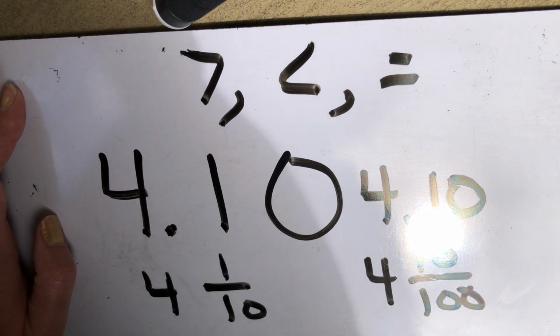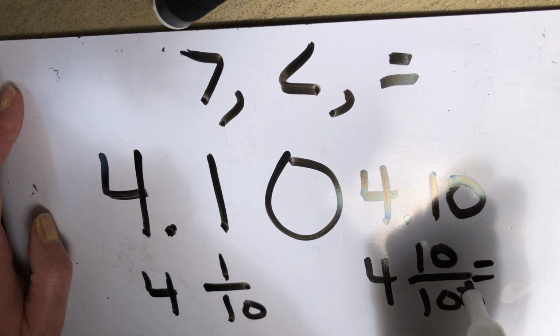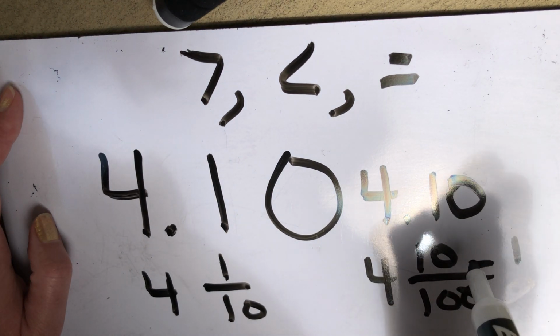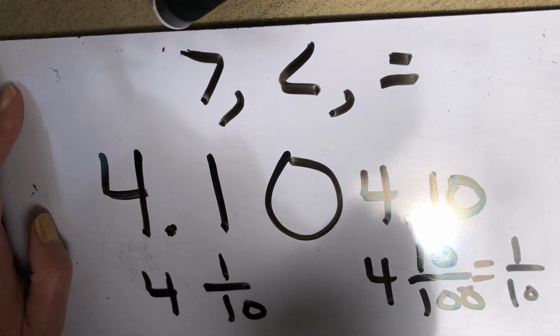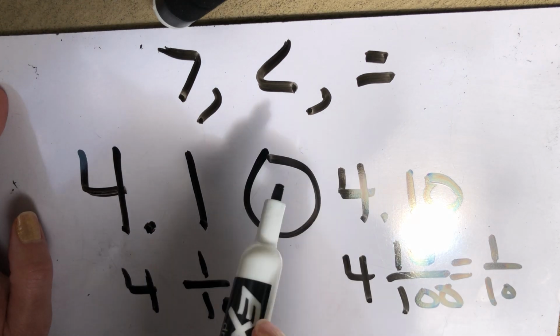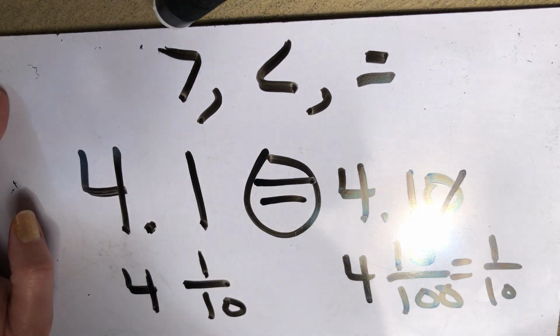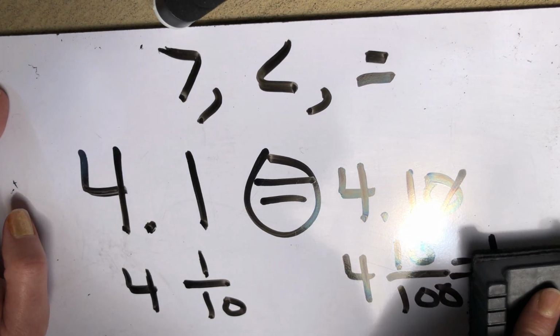If you reduce this, which it can be reduced, you have 10 in 100, so that'd be 1 and 10 over 100, and 10/100 could be just reduced to 1/10. So this would be equal to. You could actually just take that 0 off. It's exactly the same thing, just reduced.